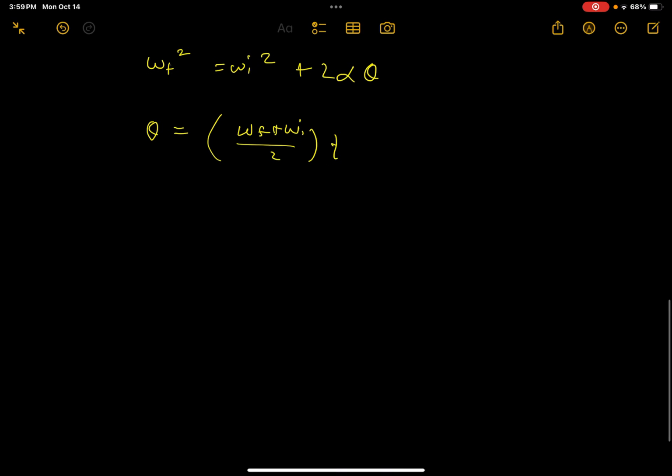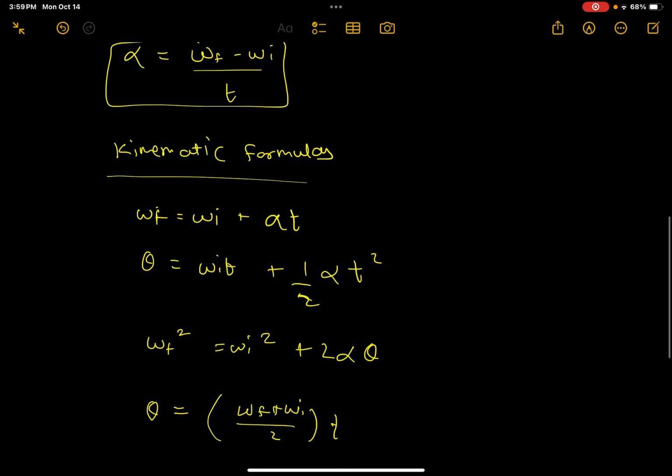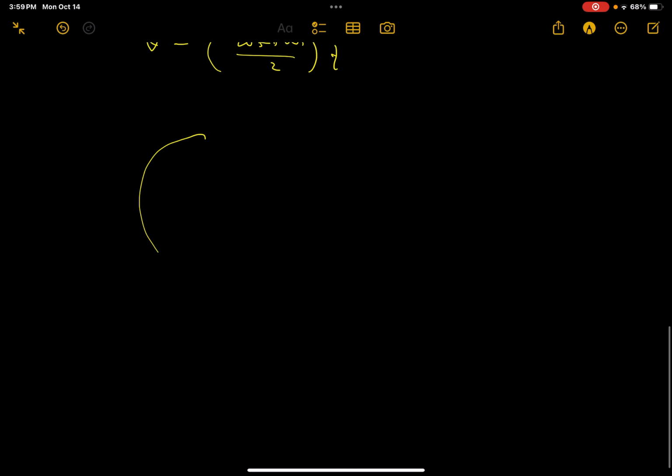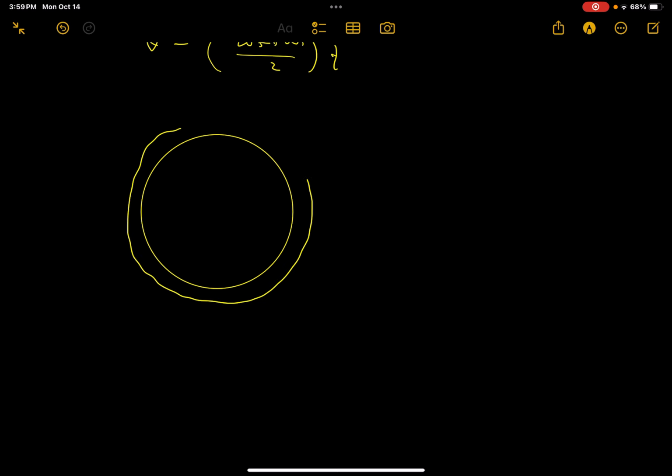Now we have an interesting case. If we have a circle, the time it takes to make a complete rotation around the circle is known as capital T, which is the time period. So in order to travel 2 pi radians, how long does it take?